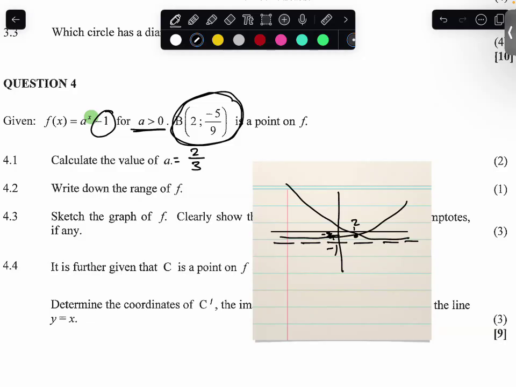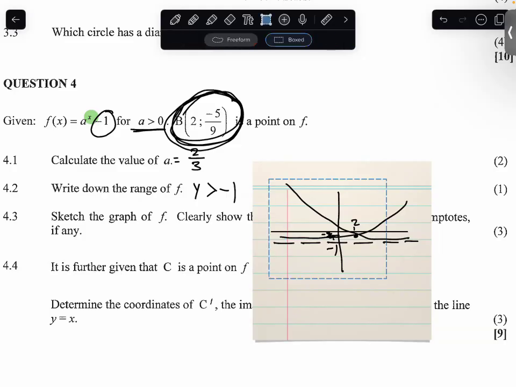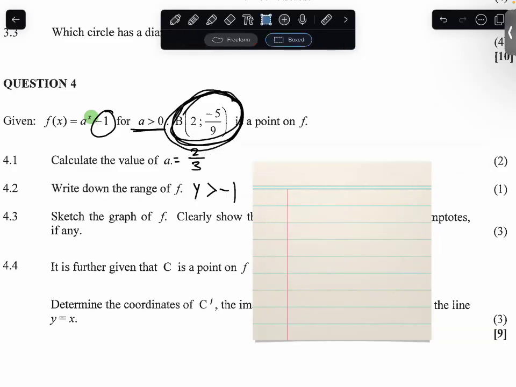All I need to know is that the graph lies above the asymptote because this set of coordinates lies above the asymptote. And so if the graph lies above the asymptote, that makes the range y greater than the asymptote, which is minus 1. Not equal to. Why not? Because minus 1 is an asymptote.